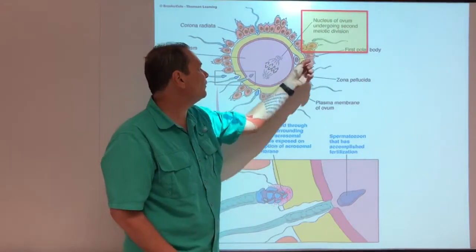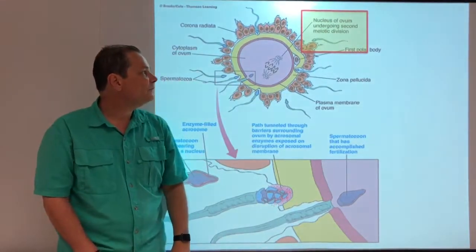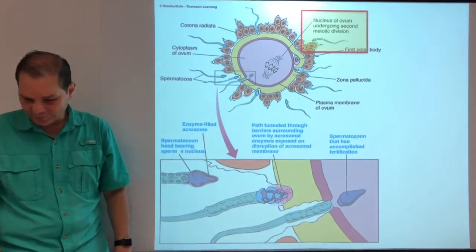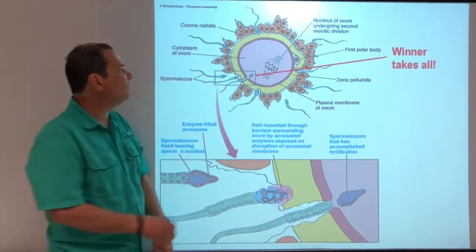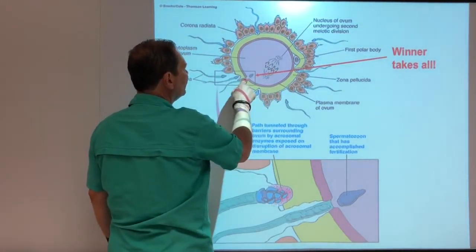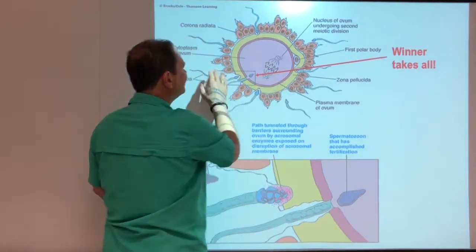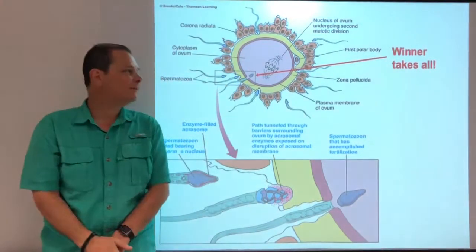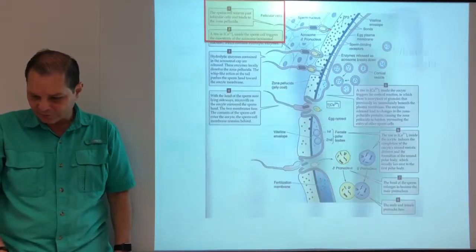You get a second polar body that joins the first, and genetic recombination takes place. And of course, we have winner take all during this process. As we'll learn in a moment, once one sperm gets through, the zona pellucida hardens to try to keep the rest of the sperm out, so that only one sperm makes it in, the winner, and does the fertilization.